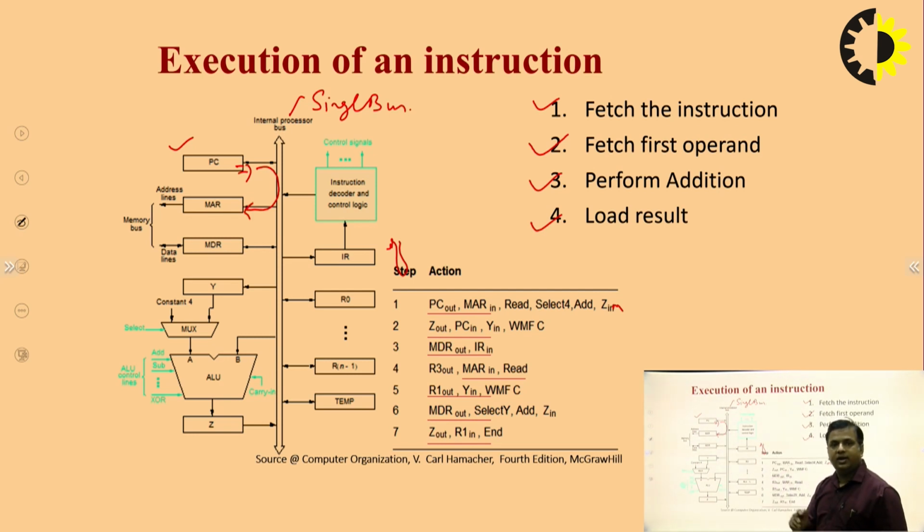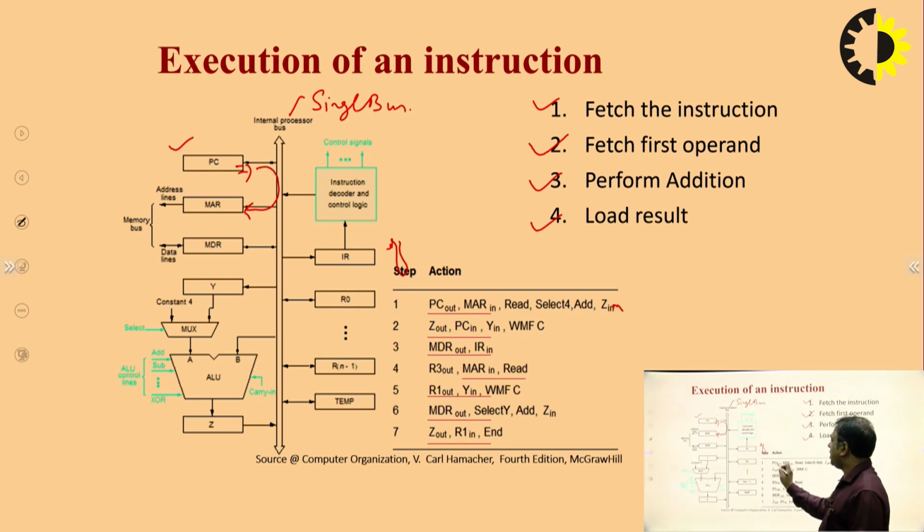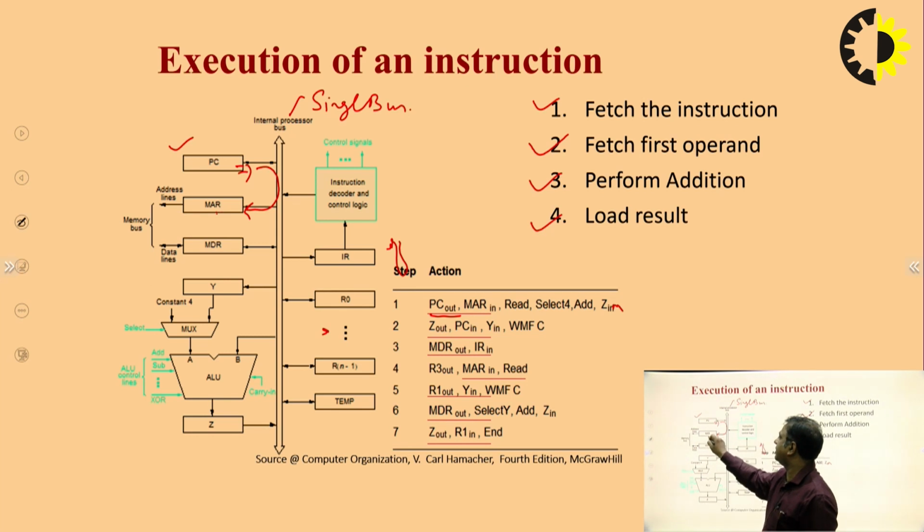How do we write this micro instruction? We write it as PC out, MAR in, that is program counter out, memory address register in. The contents of the program counter come out and go into the memory address register, right?